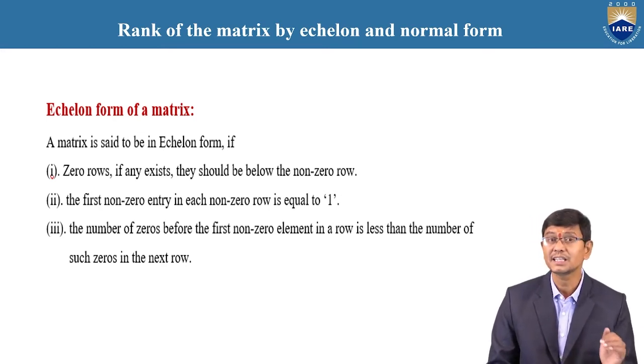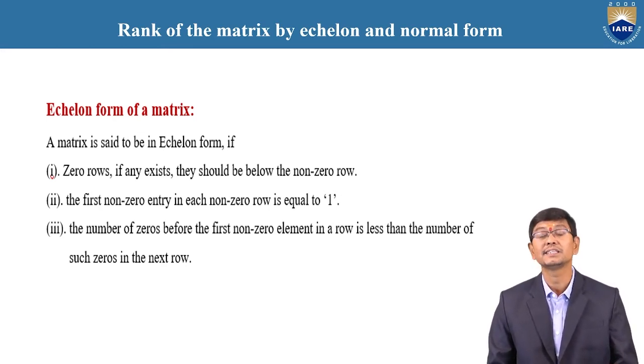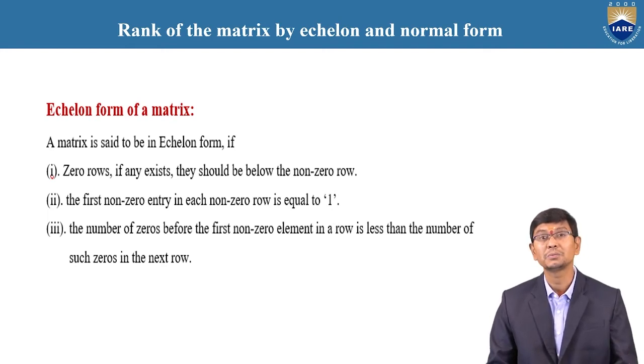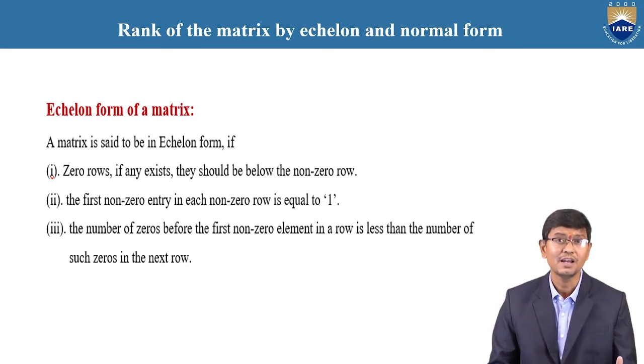If the three conditions are satisfied, the matrix is in echelon form, and the number of non-zero rows in the echelon form of a matrix is equal to the rank of the matrix. This is the conclusion regarding finding the rank using the echelon form.